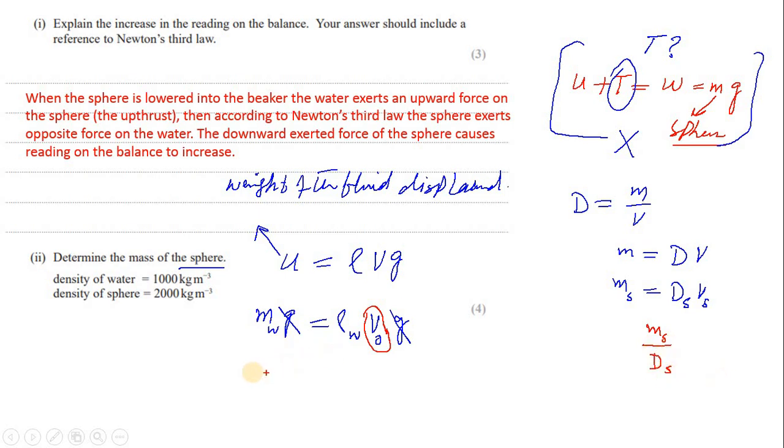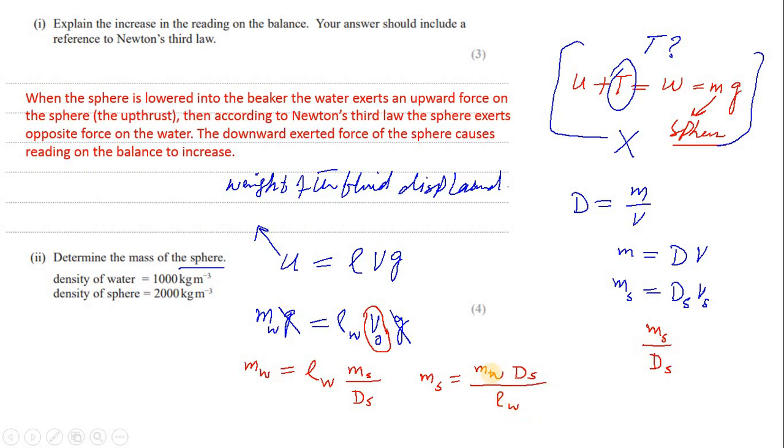So you can think the mass of the water is equal to the density of the water times the volume of the object, so mass of the sphere divided by density of the sphere. That's it. That means you can figure out the mass of the sphere. So mass of the sphere is mass of the water times density of the sphere divided by density of the water.